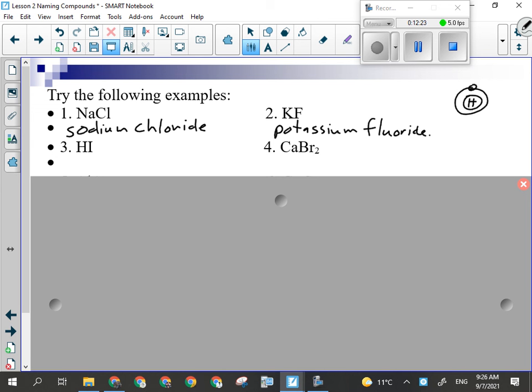It needs to fill its outer shell. It needs to do that by what? That first shell can hold how many? 2. So it needs to gain 1, or have no outer shell at all. Its preference is to actually give up that single electron that it has. Hydrogen is the most metallic substance there is.